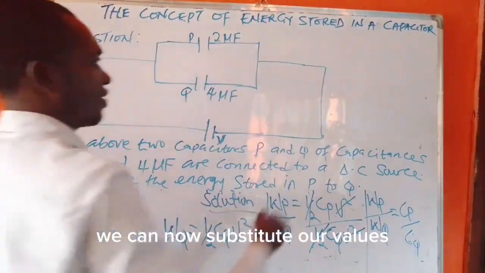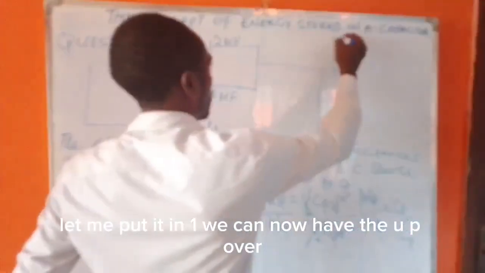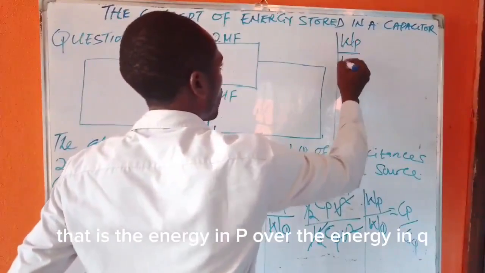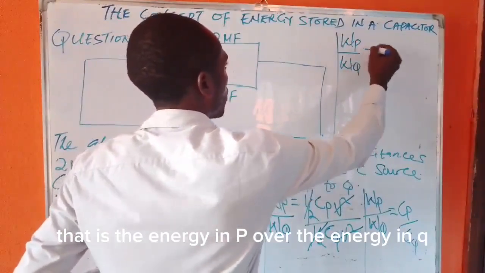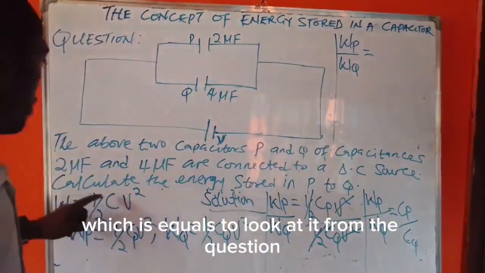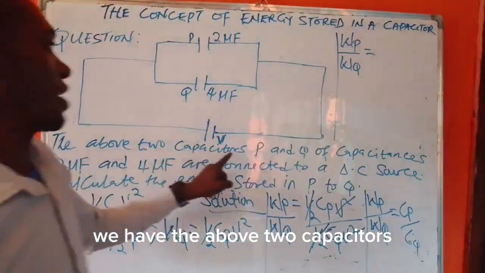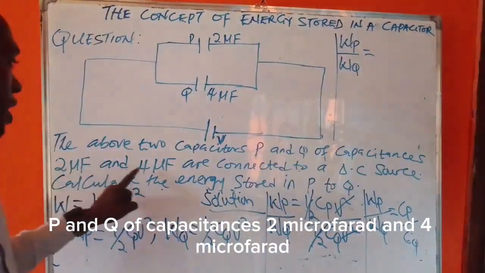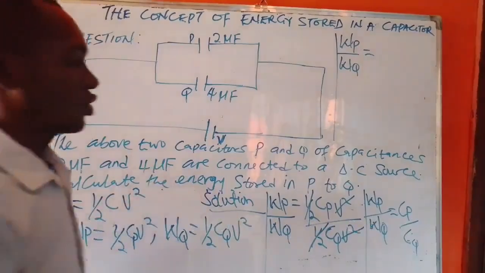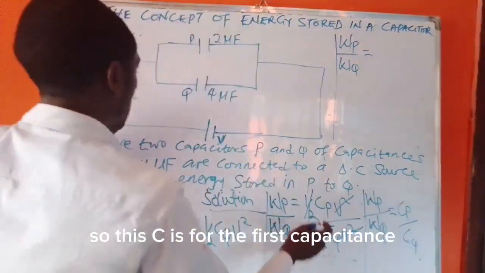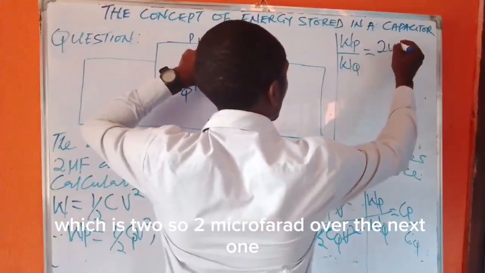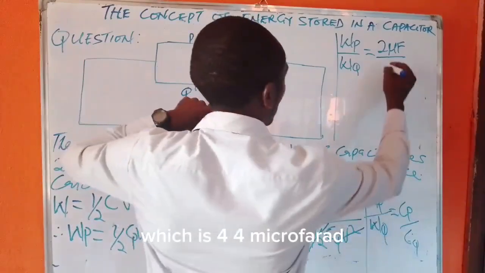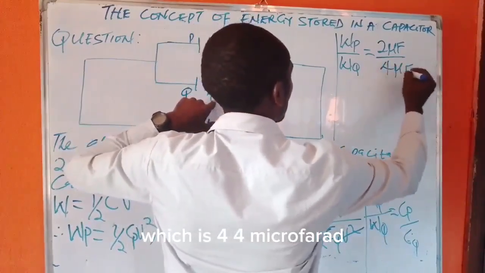So we can now substitute our values. WP over WQ, that's the energy in P over the energy in Q, equals, from the question, the two capacitors P and Q of capacitances 2 microfarad and 4 microfarad. So this C is for the first capacitance, which is 2 microfarad, over the next one, which is 4 microfarad.